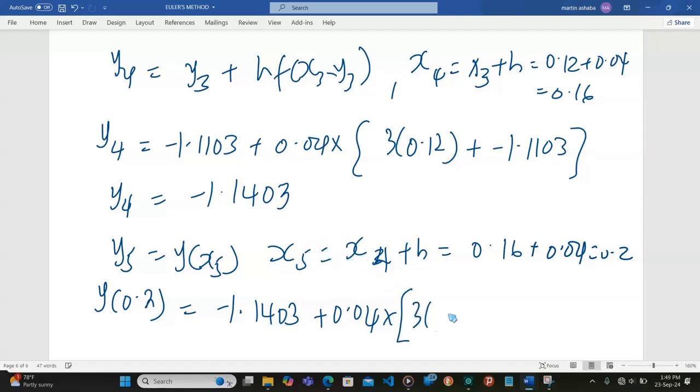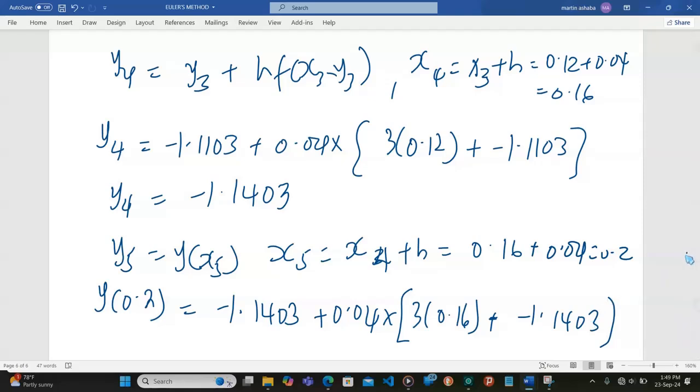So 3 into 0.16, plus negative the value of y4, which is negative 1.1403.